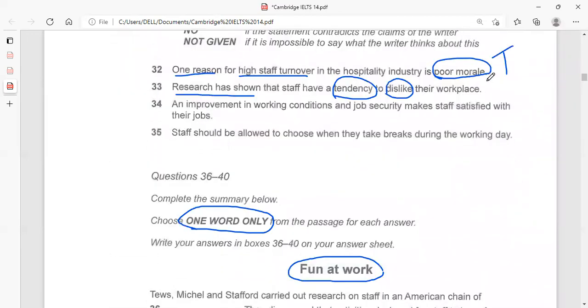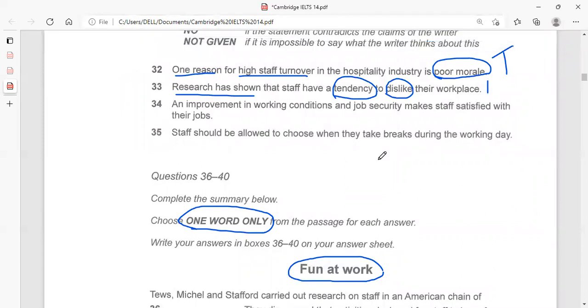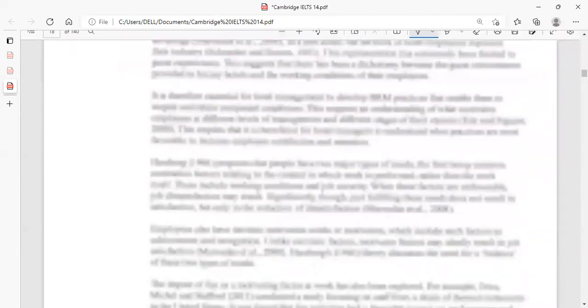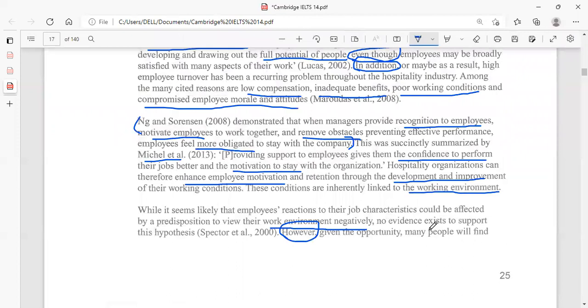Why no answers? You're confused. You got some other answer. All of you got true, I think, right? We can write not given too. But it says that it is not shown. You don't have evidence for this hypothesis. It mentions it very clearly in the para. See, it says very clearly, no evidence exists to support this hypothesis.